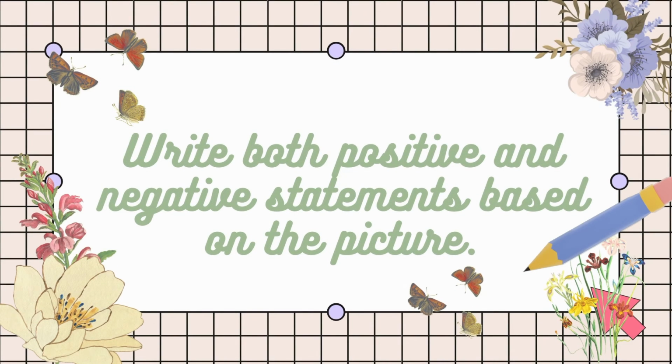Okay, for our next activity, you need to write both positive and negative statements based on the picture. For this activity, you need to look carefully at the picture and write the sentences about it. The verbs are given, and make sure you use the correct subject.